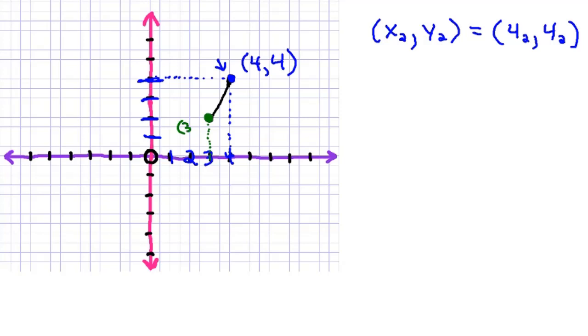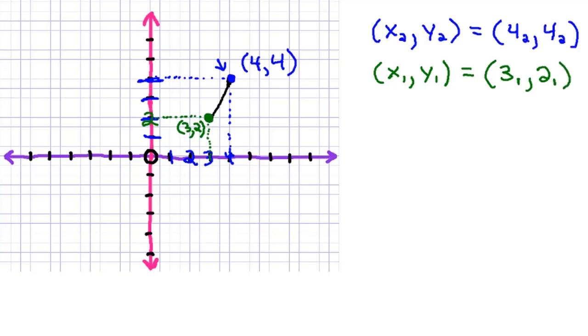So your x is 3, and then if you look over, that's 2 notches up, so your y is going to be 2. So 3, 2. For your beginning point, that's going to be x with a little 1 and y with a little 1 after it for your first point. So in our case, that's going to be a 3 with a little 1 and a 2 with a little 1.